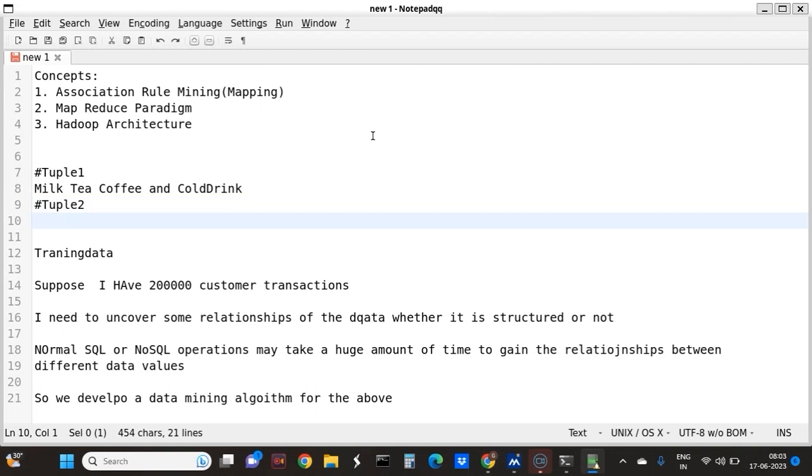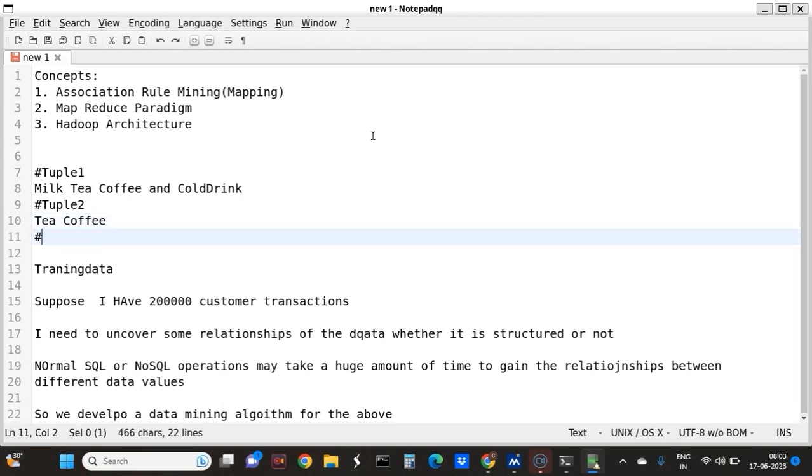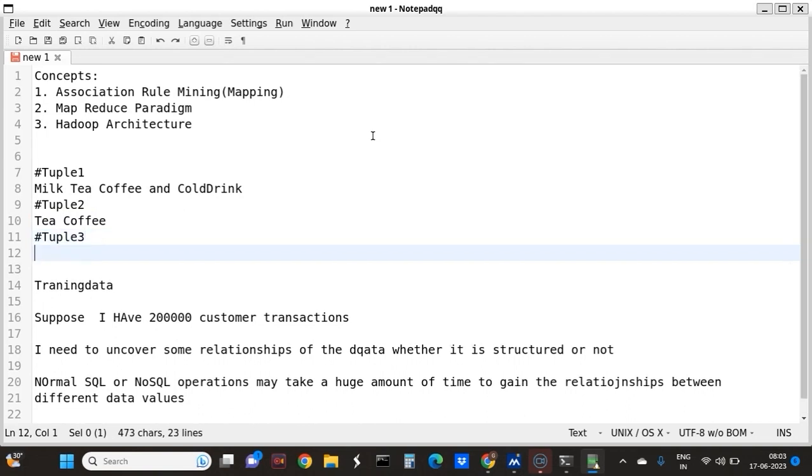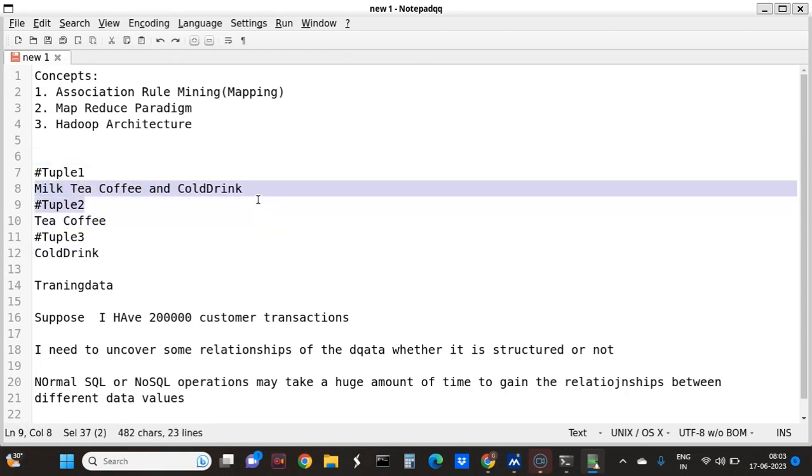In tuple two, I will just write tea and coffee. And in the third tuple, the third transaction, I will write only cold drink. Here you can see that in each tuple, the number of columns are different. So this is not a structured relational database.